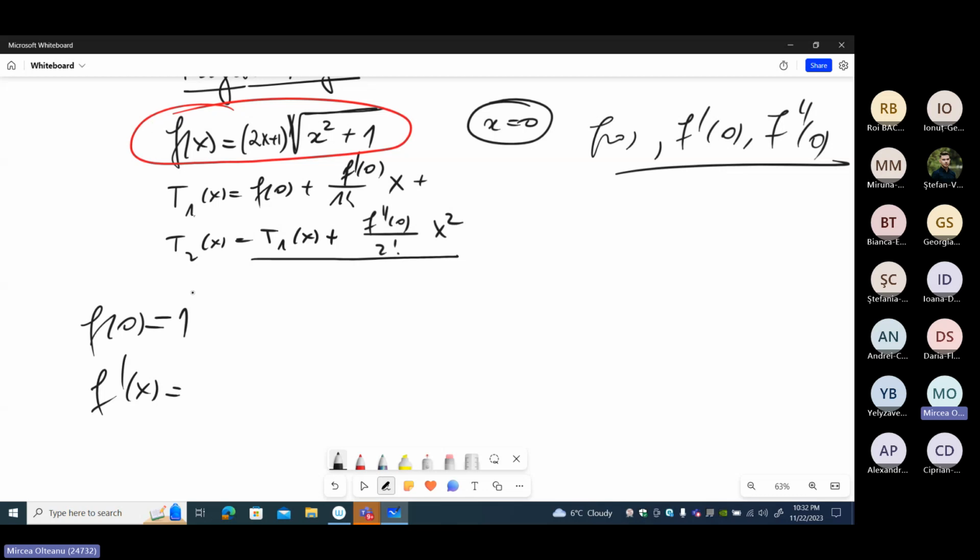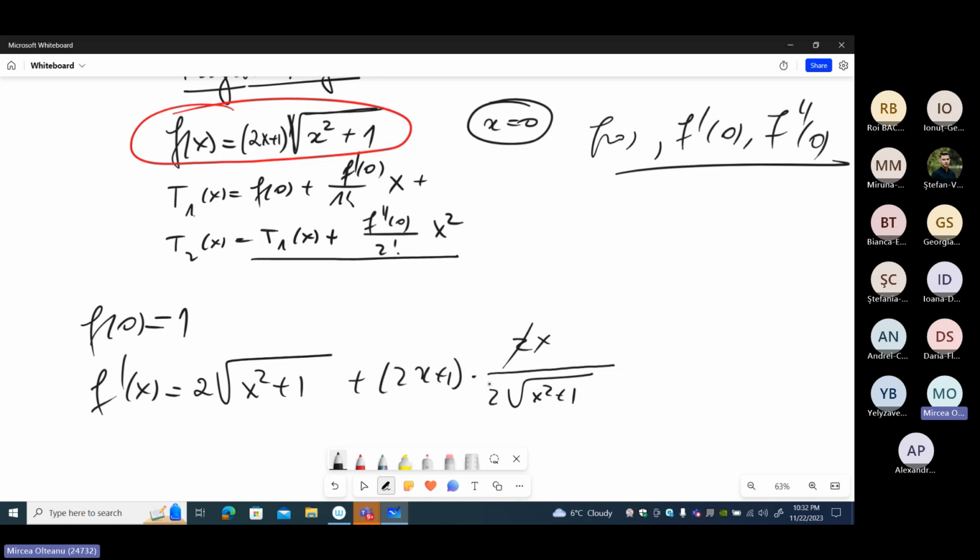So the derivative is 2 times square root of x squared plus 1 plus 2x plus 1 times 2x over 2 square root of x squared plus 1. You simplify by 2 and you get 2 square root of x squared plus 1 plus 2x squared plus x over root of x squared plus 1.